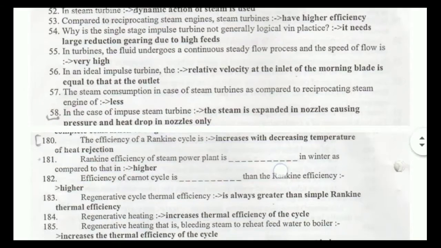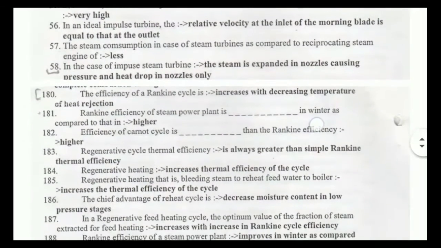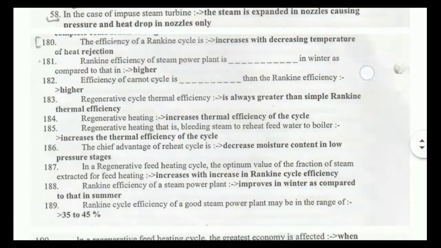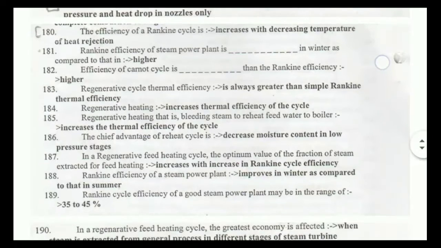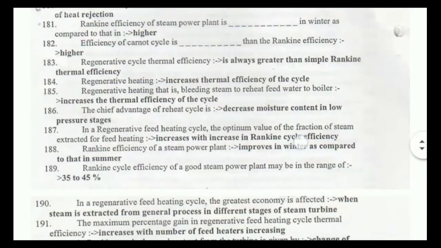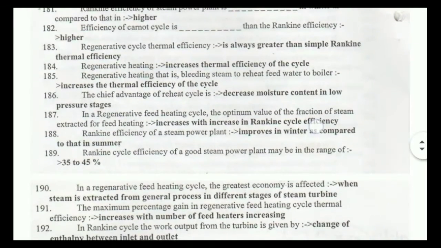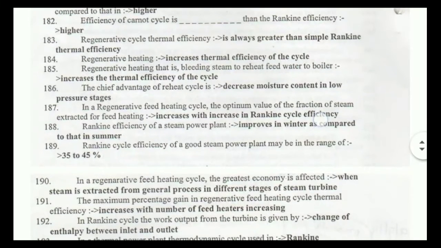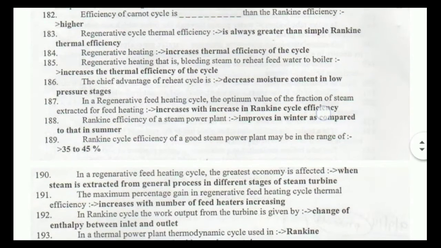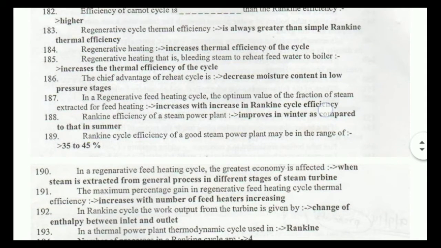Up to 58 it covers the unit 3. Now from 180 it comes under unit 1. Check 182. Efficiency of Carnot cycle is higher than Rankine efficiency, because Carnot cycle is the theoretical cycle or assumption cycle, a 100% efficiency cycle, so it's always higher. 183 is also important.